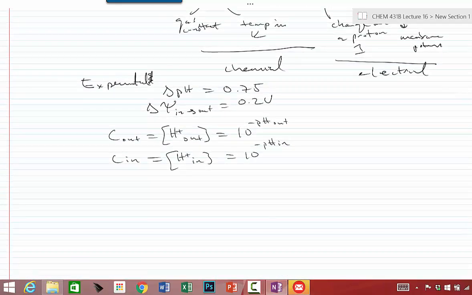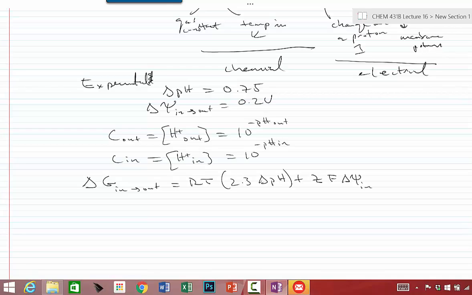I don't think we have time for this, but at the end of the day, this equation that I wrote before, we can rewrite it in terms of pH, where delta G going from in to out is equal to RT times 2.3 change in pH, plus ZF times delta psi in to out.